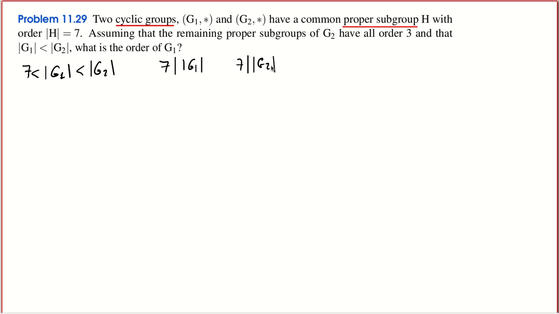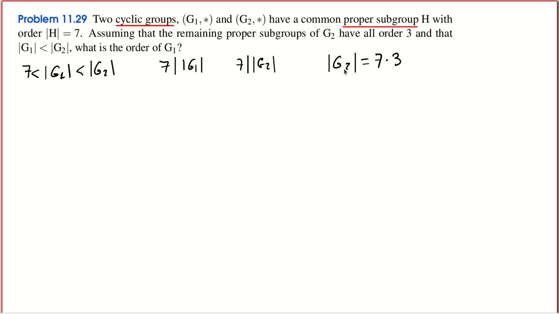All right, let's focus on G2 because we have more information about G2. For now we know that 7 is a divisor of its order, so the order has to be 7 times something. And now we know that all the other proper subgroups of G2 have order 3, so 3 must also be a divisor.